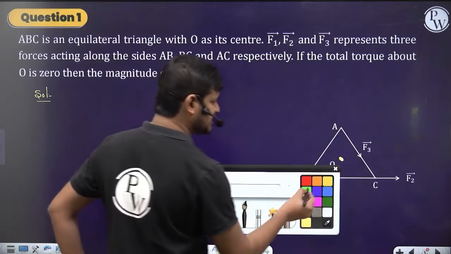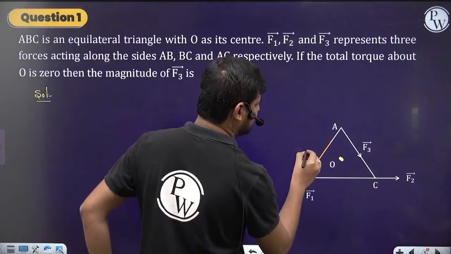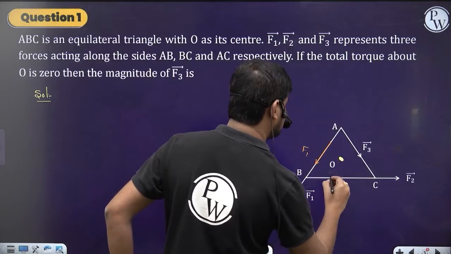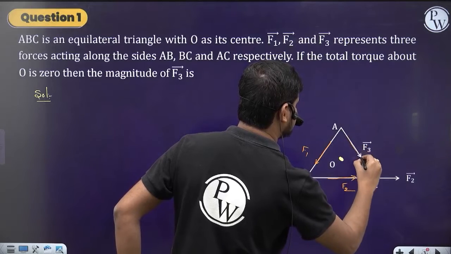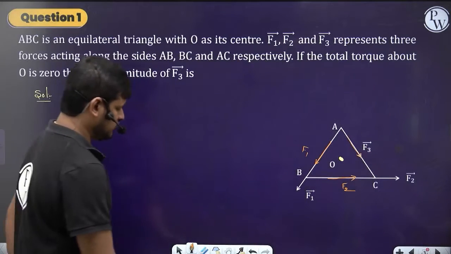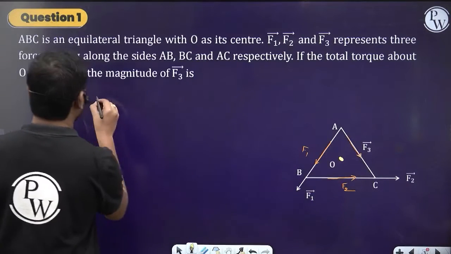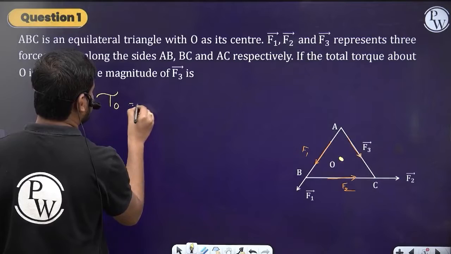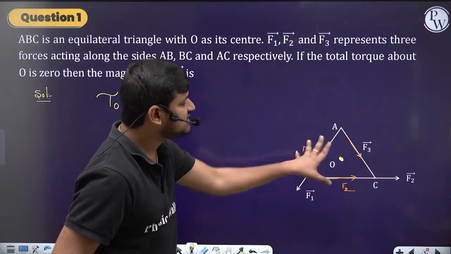First thing is to identify what forces are acting. On this side the force F1 is acting, here the force F2 is acting, and on this side the force F3 is acting. Now see here, the torque about O is given as 0, and it is due to all these 3 forces.